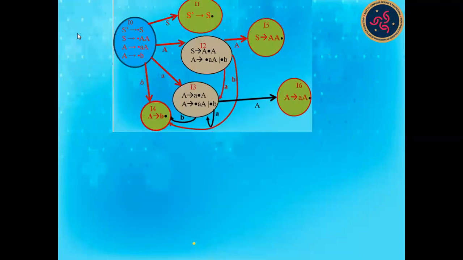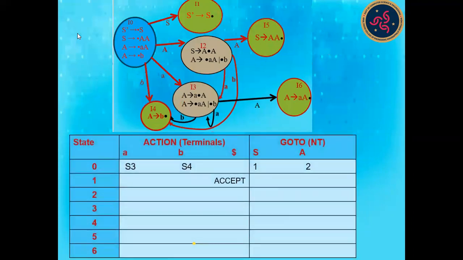So next we can consider the other states. I'm considering I2 now. Inside I2 I have the non-terminal capital A and terminal symbols a and b. So first I am specifying the non-terminal capital A. At the state 2, when a non-terminal capital A comes, what is done here?